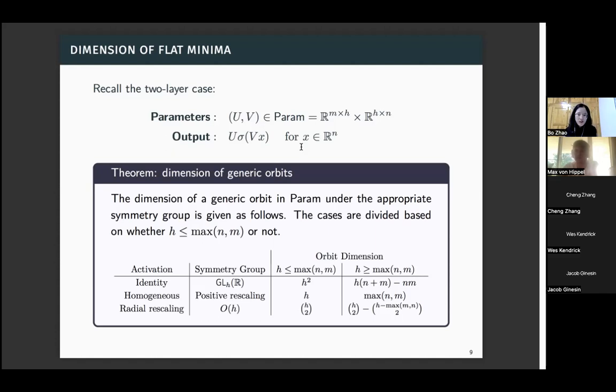We're trying to understand what these different orbits look like, and maybe how many kinds of orbits there are to construct this minimum. Does that answer your question? Yes. Sorry. Oh, thanks.